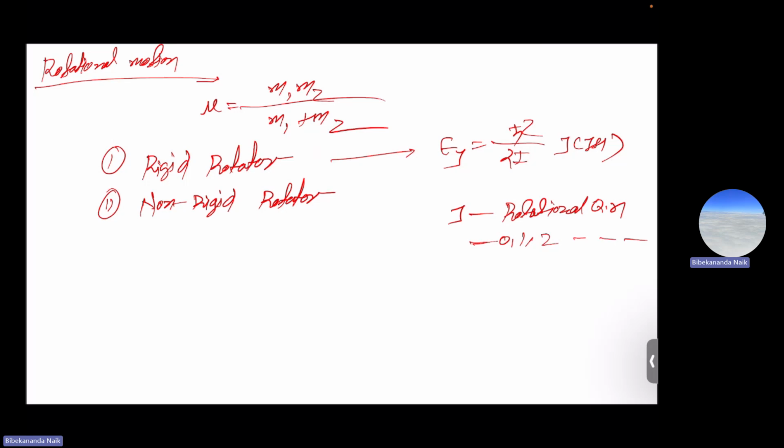But in spectroscopy, levels are mainly represented in terms of wave number. So the wave number of level J will be energy divided by hc.